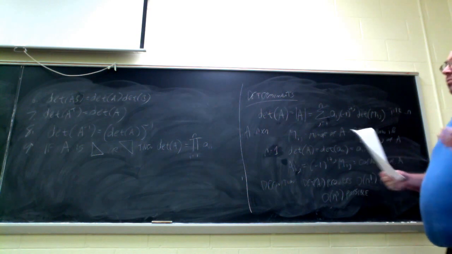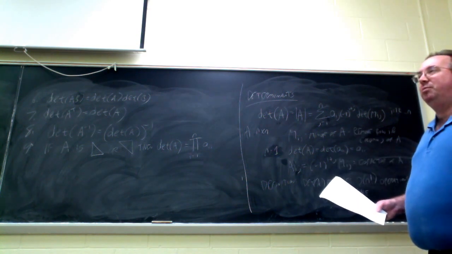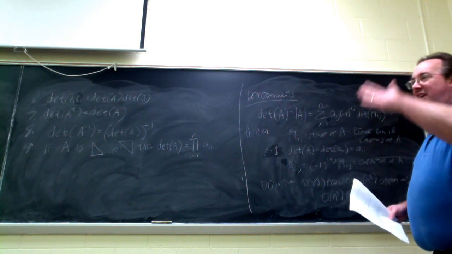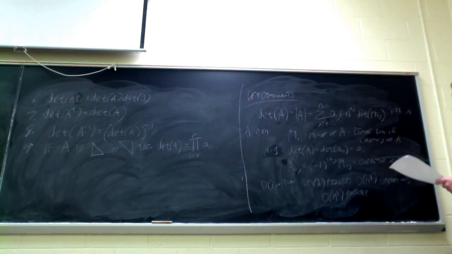So basically, if you take a general n by n matrix, reduce it to lower or upper triangular form, which takes order n cubed operations, then you just multiply the diagonal entries together after that, and you have your determinant. Okay.